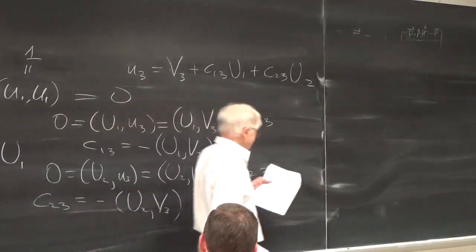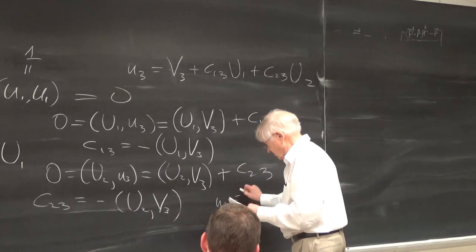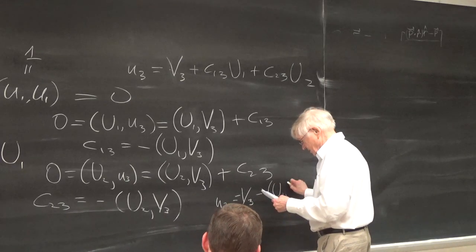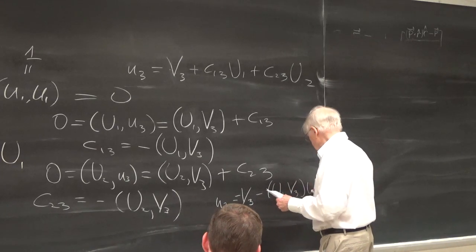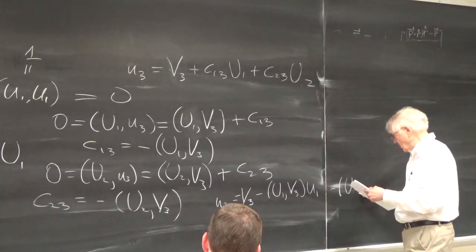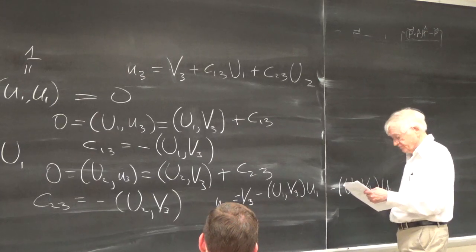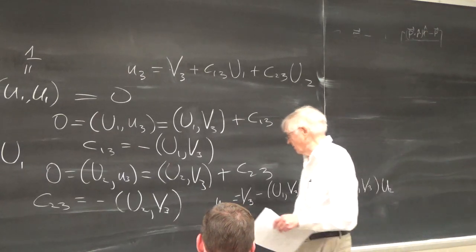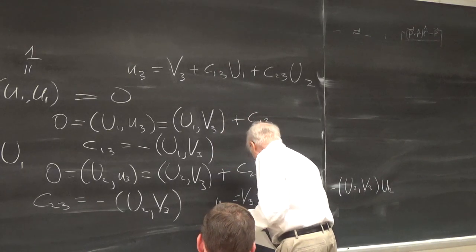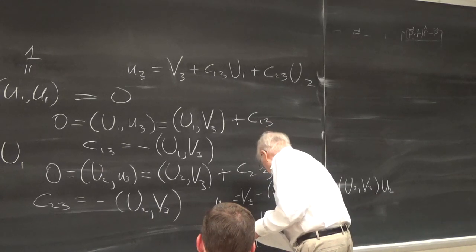And so we have a formula for u3: u3 is equal to v3 minus the inner product of U1 with v3 times U1, minus the inner product of U2 with v3 times U2. And then we normalize it by saying capital U3 is little u3 divided by the norm of little u3.